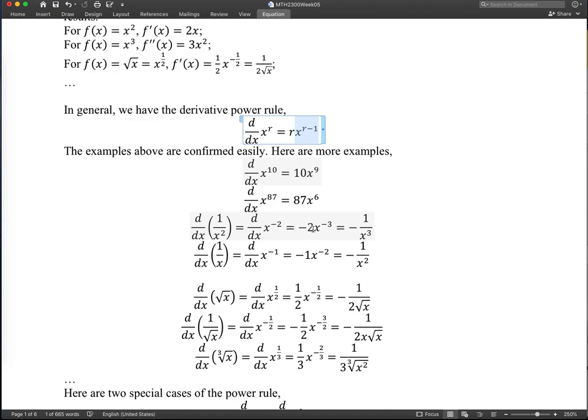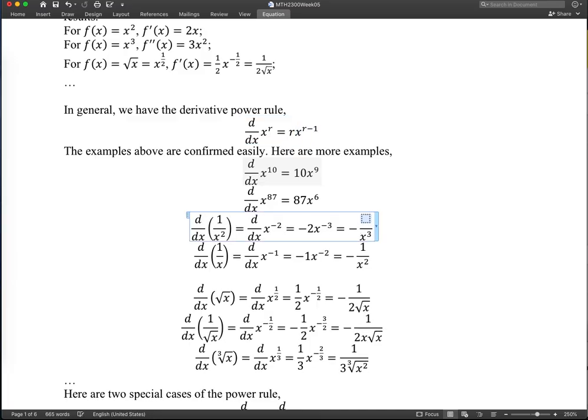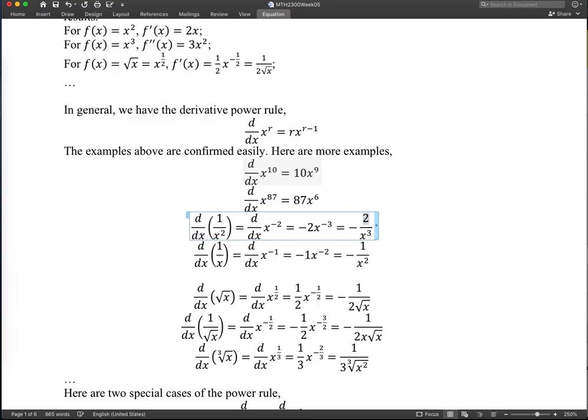Certainly in this case, negative 2 times x to the negative 3 would be x to the 3 in the denominator. By the way, I think I need to make a correction here. This should be negative 2 over x cubed. I got the minus sign in the front, so the numerator still stays at 2 here.